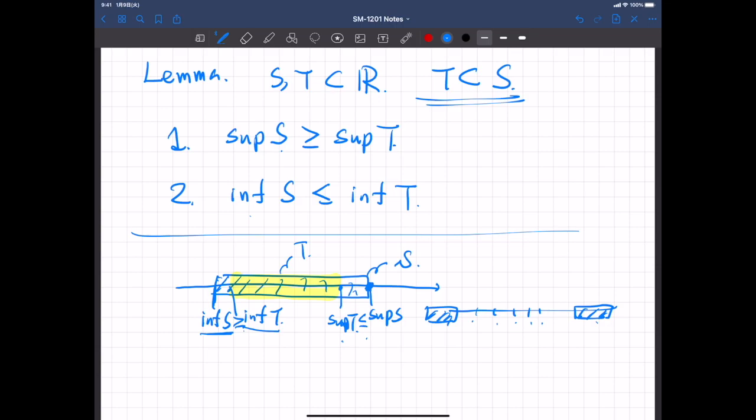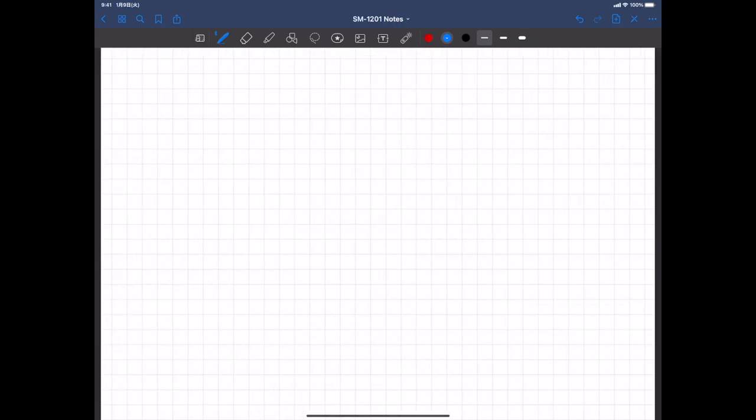Okay, so let's prove this. Suppose a is an element of the upper bounds of S. So this is the set of upper bounds.